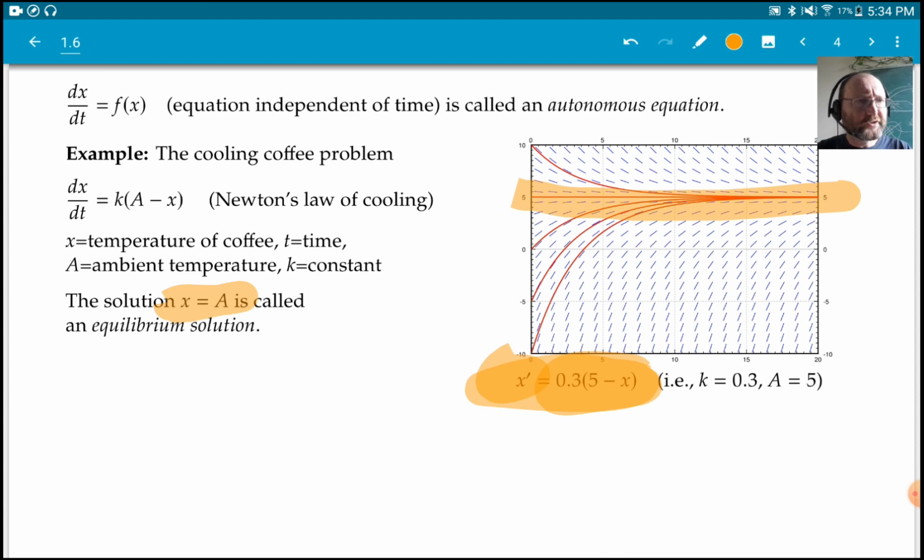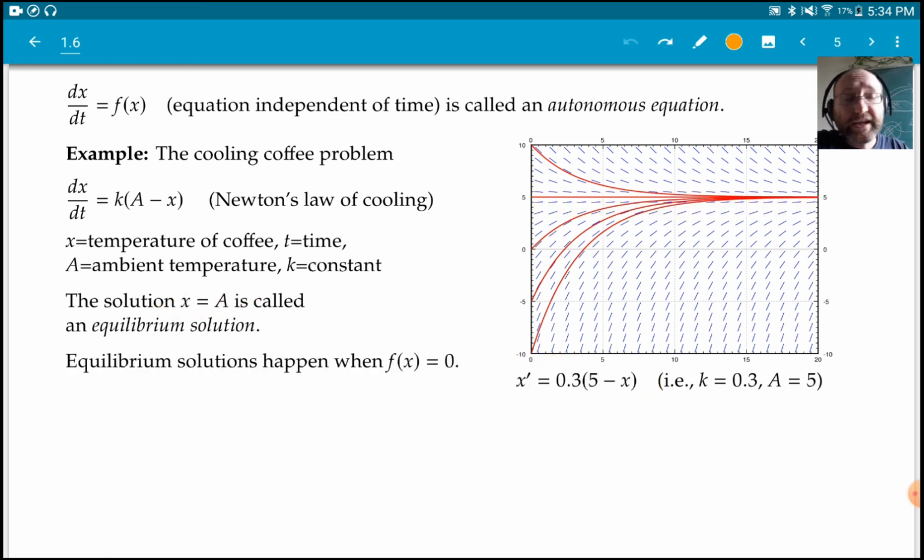So that's the solution, and that's basically what equilibrium means. I'm just going to stay at equilibrium forever. The constant solutions are called equilibriums, and they happen when the right-hand side f of x is 0.